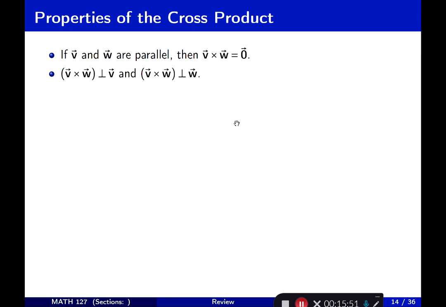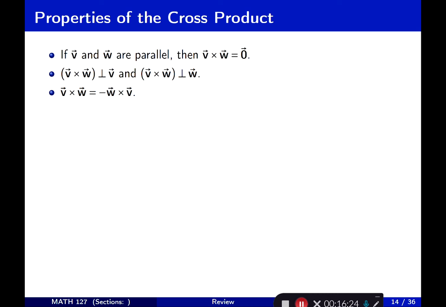Also, v cross w is perpendicular to v, and also it's perpendicular to w, so the cross product is perpendicular to both vectors that are multiplied by cross product. That's because the cross product is a vector in a direction that is perpendicular to the two vectors.